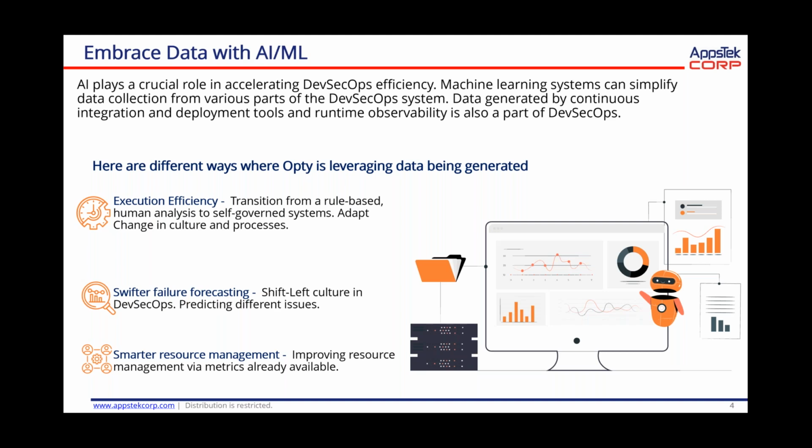So can I move it into pre-prod? AI will simulate all the issues for you. Let's say you have a smoke environment or a pre-prod environment. AI can simulate all of those and tell you clearly whether your application or your mobile app, whatever it is, can withstand all those things. So shift left culture prevents issues even before they happen.